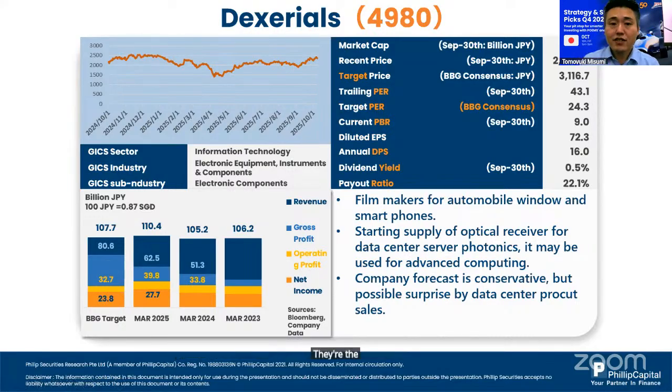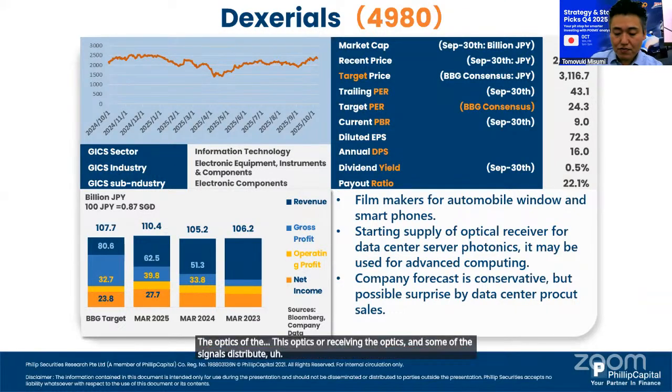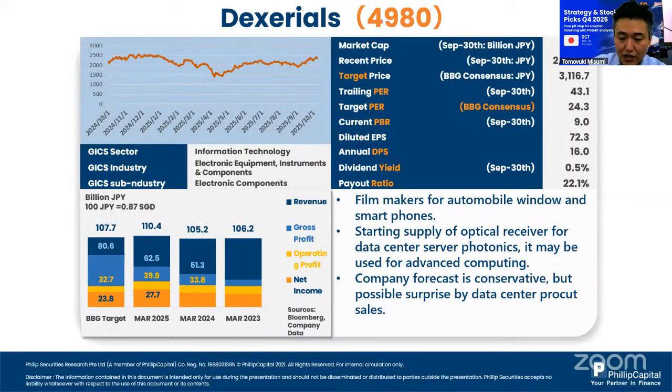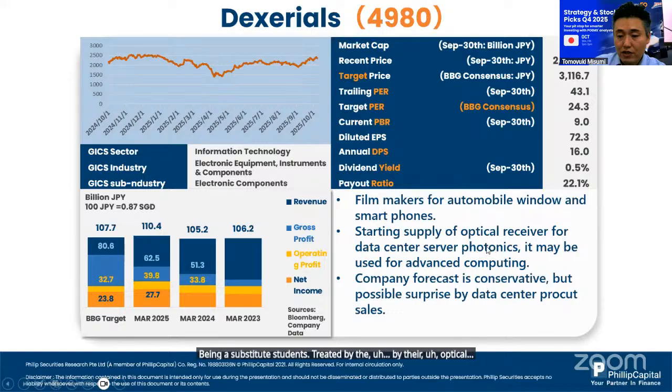So in data center GPU and data center computing, there are optics for receiving, and some of the signals for transmitting data are being substituted by optics, from the electrical signals.